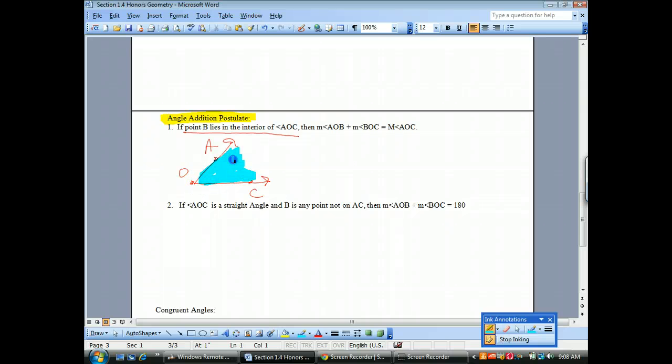So B has to be in here someplace. Okay? Then, if that is true, if B lies in the interior of angle AOC, that's our hypothesis. If we have this, then for sure this is going to be true.